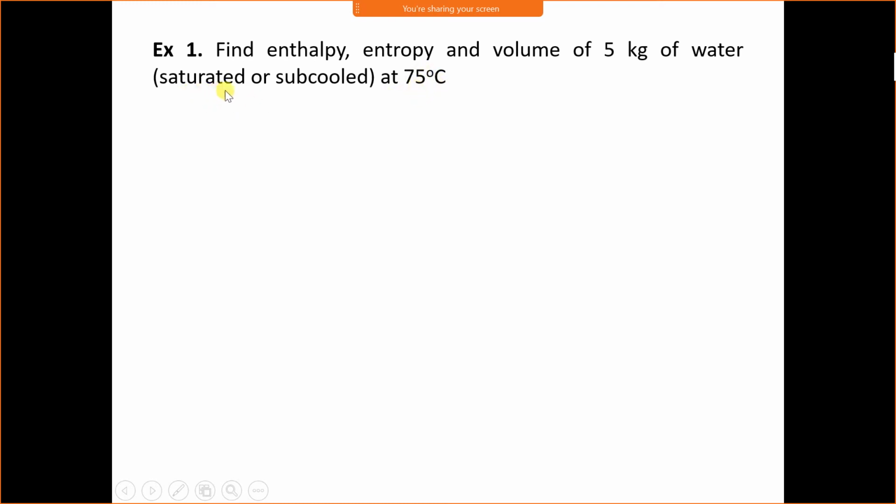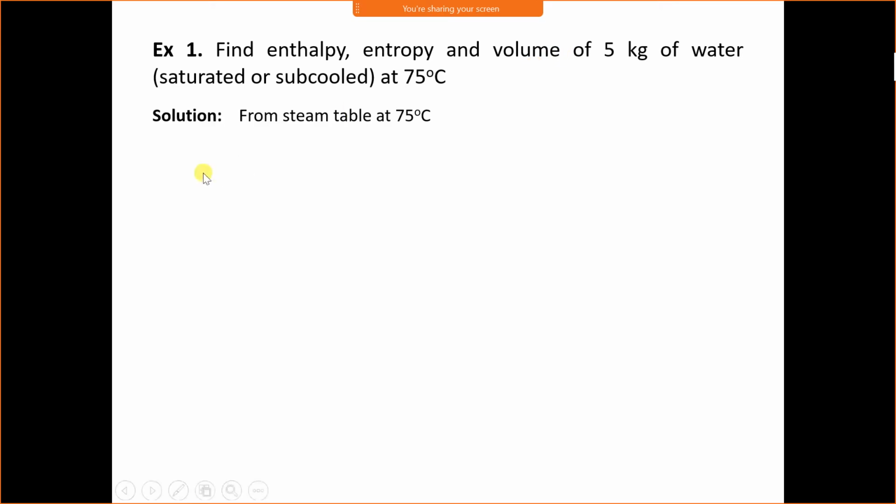Now, water may be saturated or subcooled. If water is given in liquid form, we have only one choice: for enthalpy we will find hf, for entropy sf, and for volume vf. And we are to find the volume, not the specific volume.